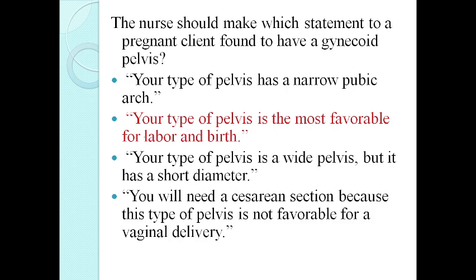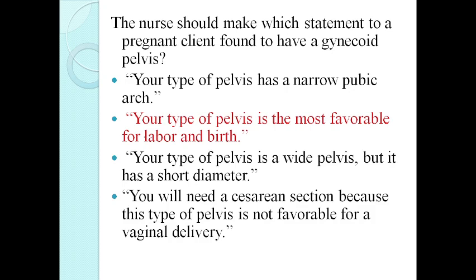There are 4 types of pelvis, namely gynecoid pelvis, android pelvis, anthropoid pelvis, and platypelloid pelvis. Gynecoid pelvis is a normal female pelvis and it is the most favorable for successful labor and birth. Second is the android pelvis. It resembles a male pelvis and is unfavorable for labor because the pelvic planes are narrow.